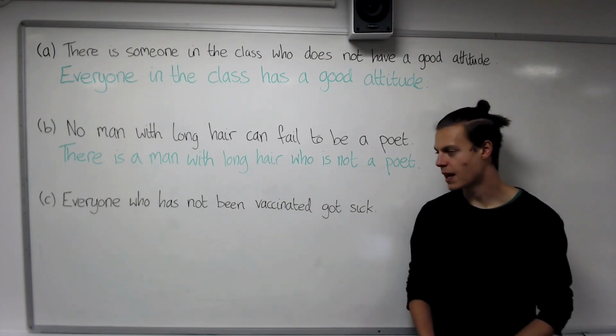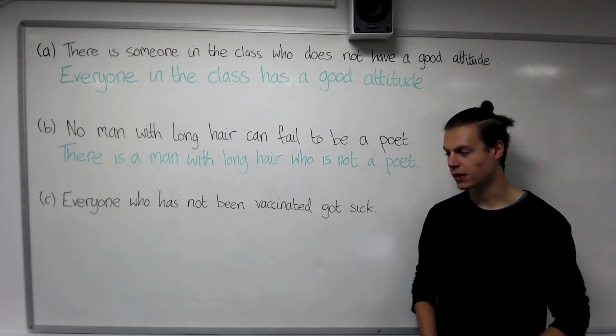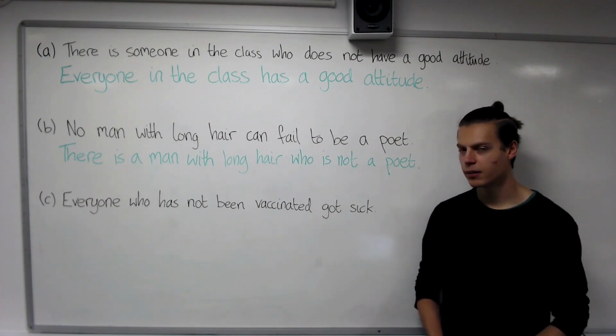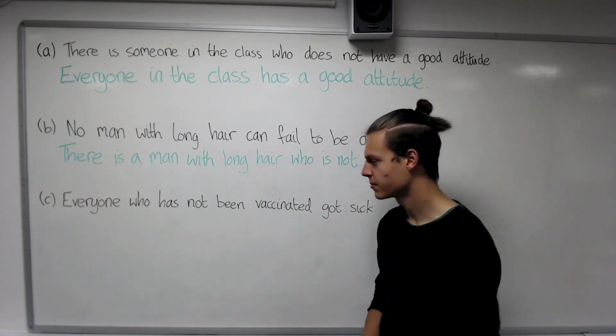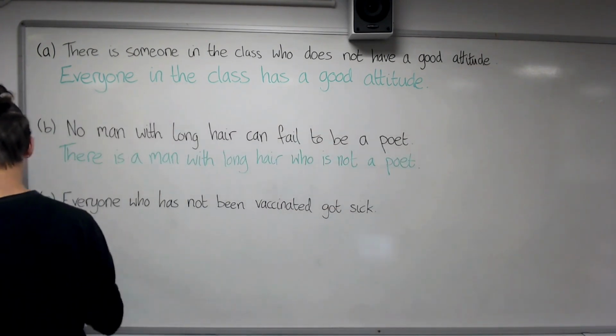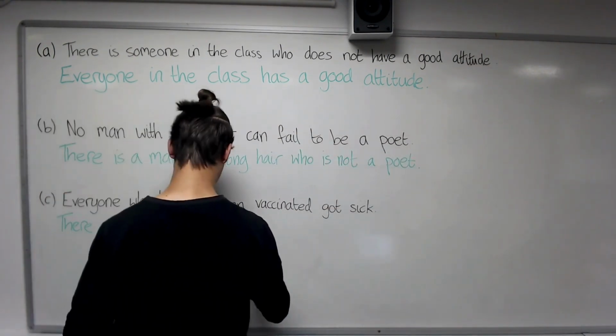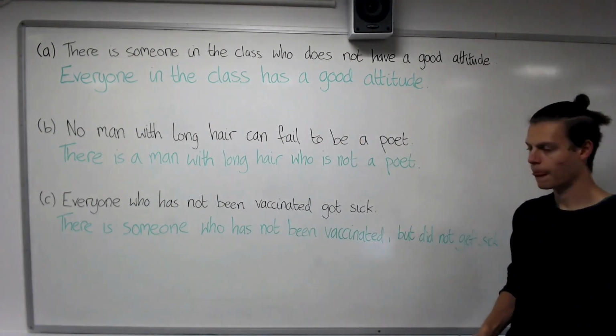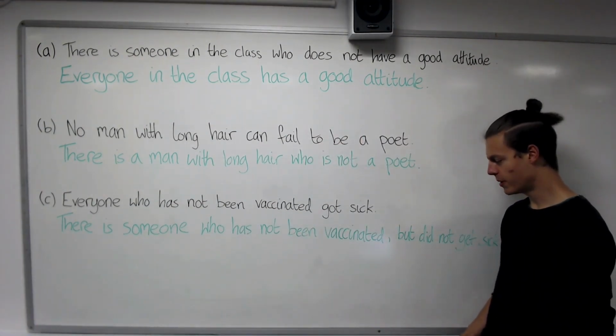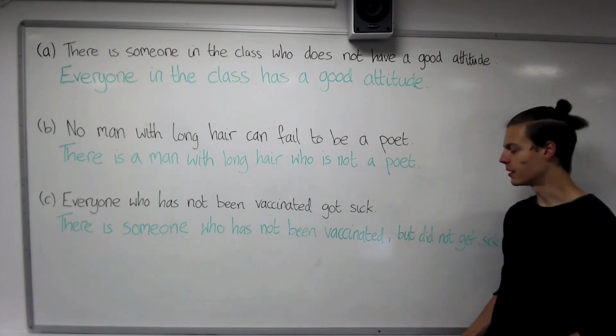So if it is not the case that everyone who has not been vaccinated got sick, then there must be someone who has not been vaccinated but did not get sick.